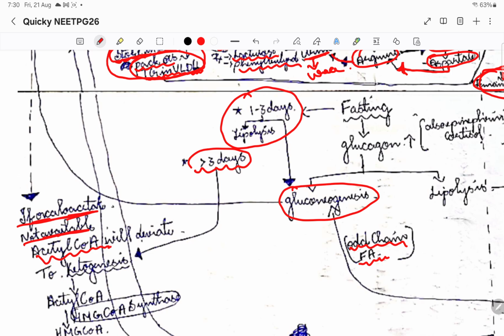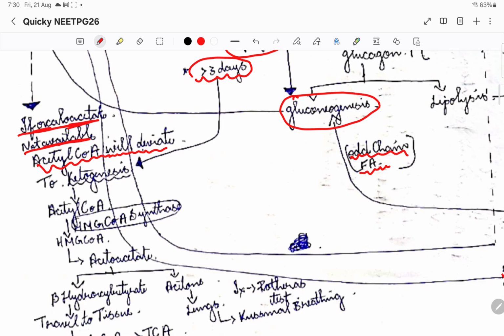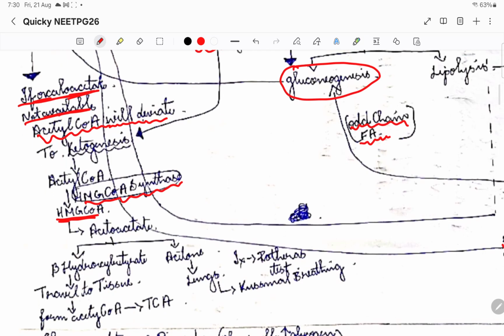Our body has another mechanism called ketogenesis, where the acetyl CoA will deviate to ketogenesis through the HMG CoA pathway. Acetyl CoA will be converted to HMG CoA through HMG CoA synthase. This HMG CoA will be converted into acetoacetate. This acetoacetate will be converted to beta hydroxybutyrate and acetone.